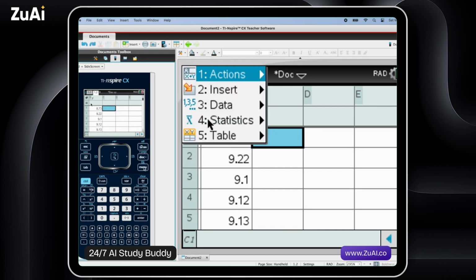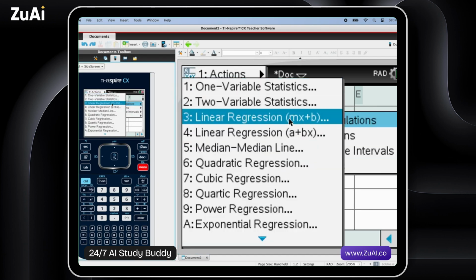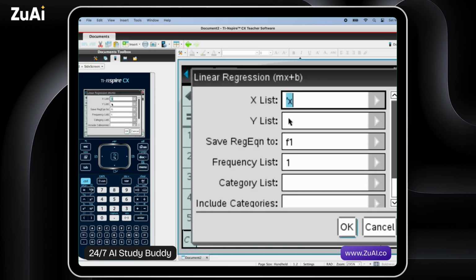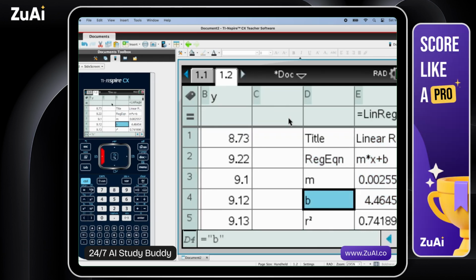What we want to do is run a linear regression. Here we go, linear regression, y equals mx plus b. There we go. Okay, so we're looking for those values once again of m and b, or what we called m and c earlier on, and here they are. So there's our value of our slope, and there's our y-intercept in this case. Okay, so let's go back to the document and write these out.